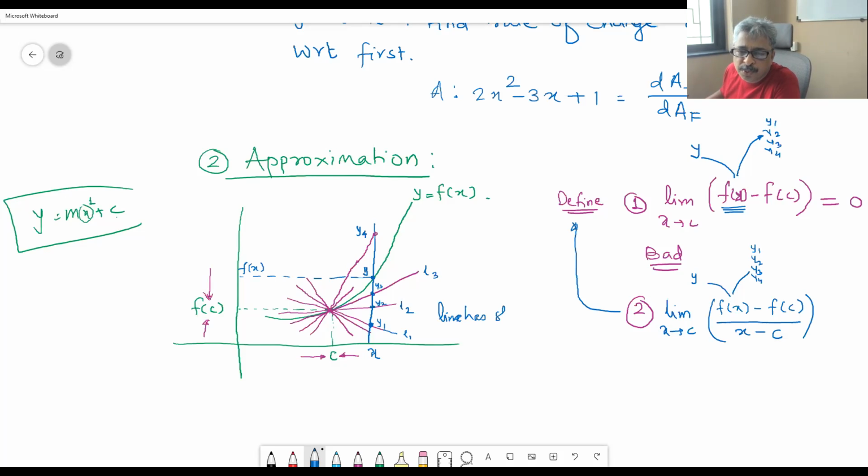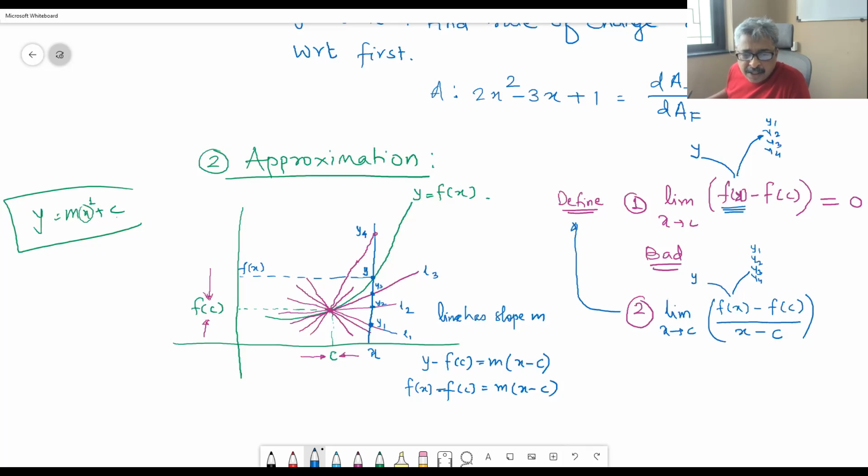I have drawn 4 lines here to represent, but any general line will look like y minus f of c, y minus y1 is equal to m into x minus c, right? So the corresponding point on the line, when x is equal to x, will be f of x minus f of c, which is equal to m into x minus c.